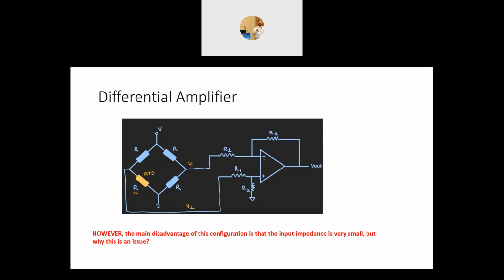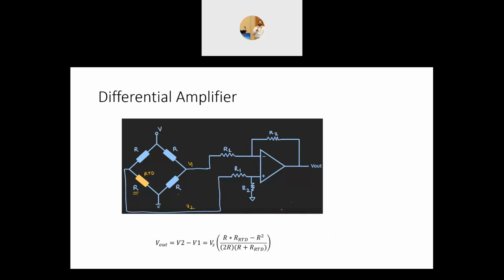Now, this is an amplifier, so the current here, I equal to 0. So your input impedance is R1 in series with R2, okay? Now, this will have an issue. Why this is an issue is the following. When we derived this formula for the Wheatstone Bridge, we assumed that the current that goes here is the same as this current. So if this is your I1, this will be I1.